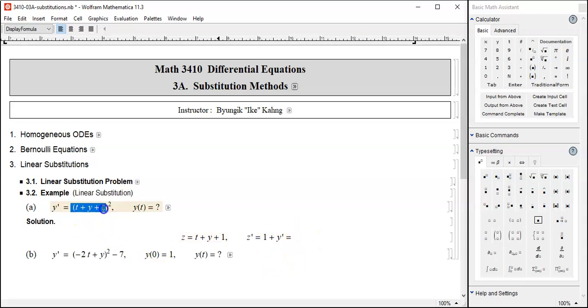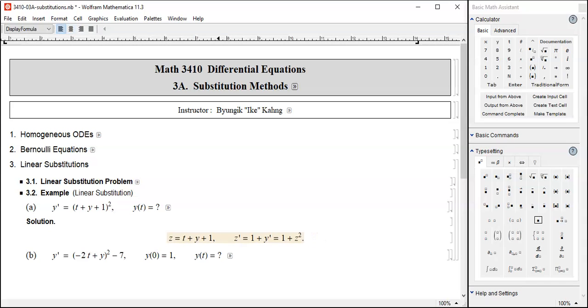This whole thing. Oops, I need 1 plus. But then again, we said this entire thing inside is z, so this is z squared. Are you with me here?